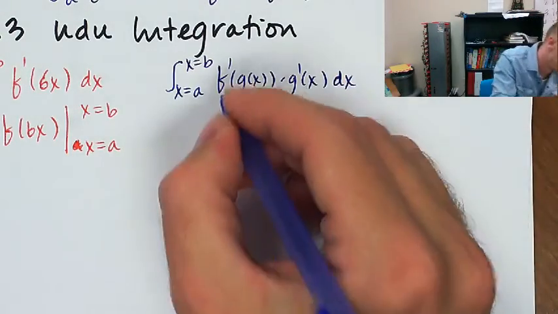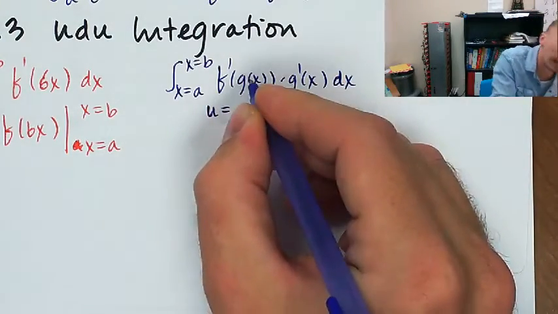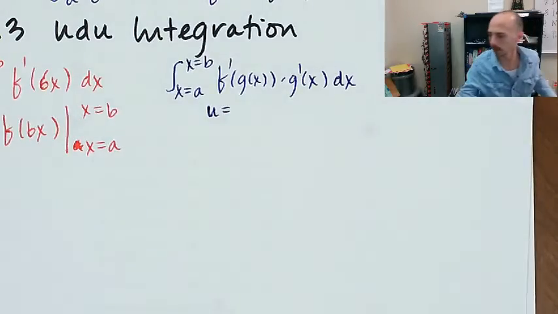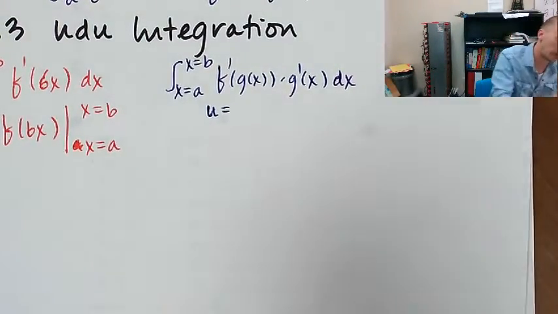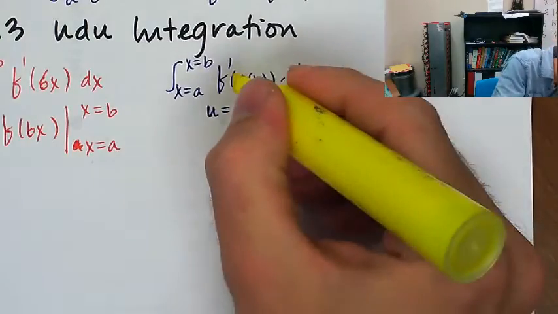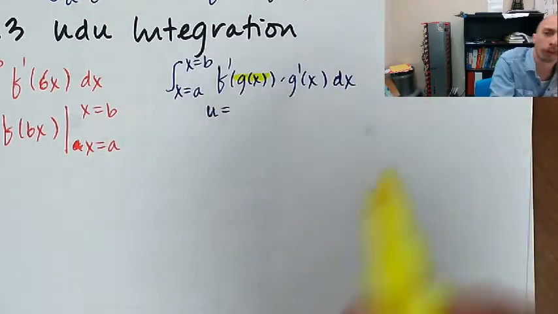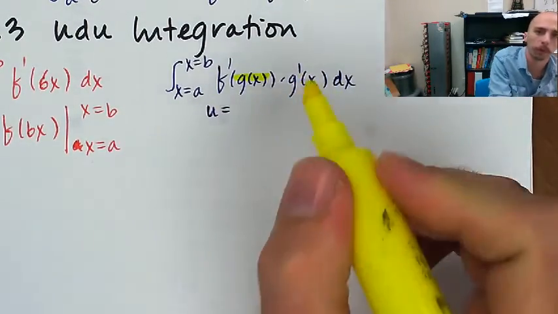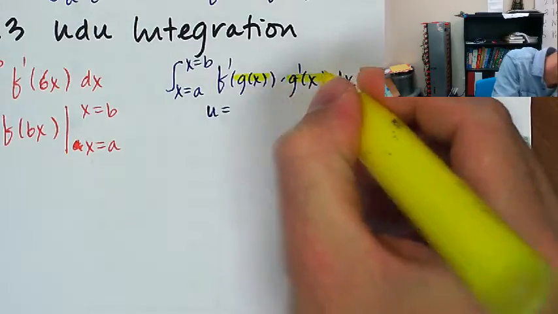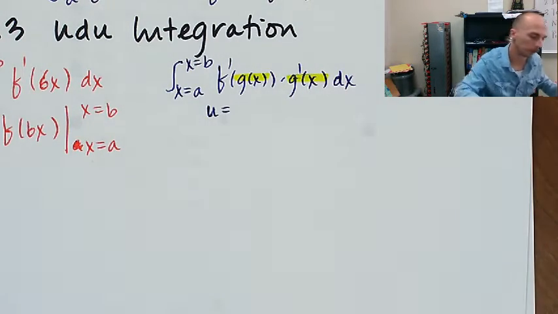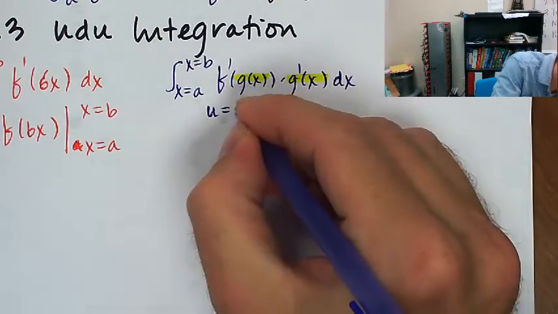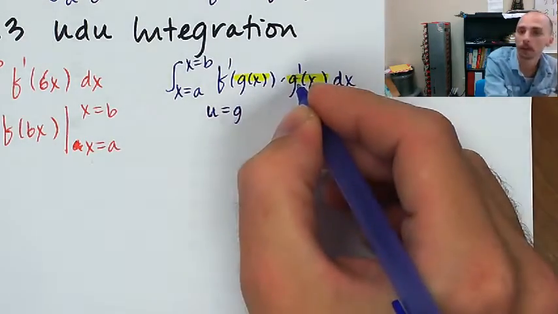What we do is we let u equal g of x, the inside. So the key aspect that you have to be able to recognize is that you've got something in your integrand, and its derivative is appearing elsewhere with multiplication. That is the defining aspect of U-substitution. So u is going to be the thing that I could take the derivative of and see it elsewhere.